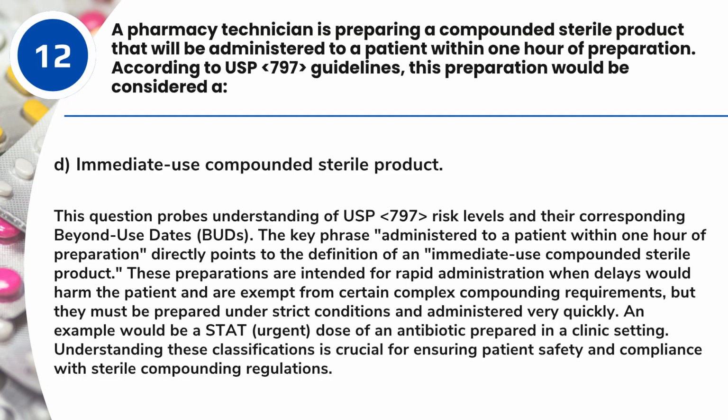These preparations are intended for rapid administration when delays would harm the patient and are exempt from certain complex compounding requirements, but they must be prepared under strict conditions and administered very quickly. An example would be an urgent dose of an antibiotic prepared in a clinic setting. Understanding these classifications is crucial for ensuring patient safety and compliance with sterile compounding regulations.